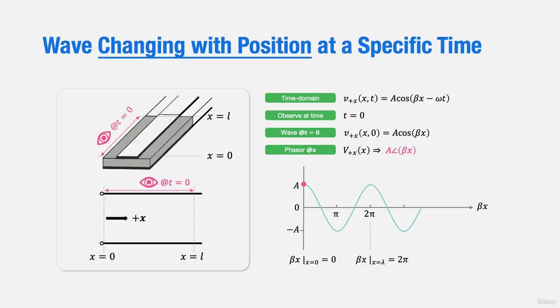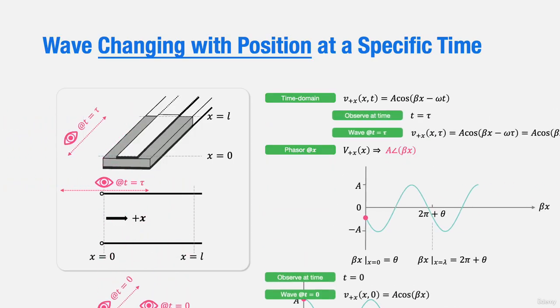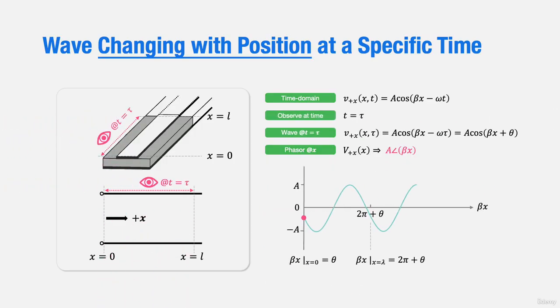Let's now shift our attention to a moment t equals tau and observe the voltage wave along the entire line, which can be represented by A times cosine(beta x minus omega tau).